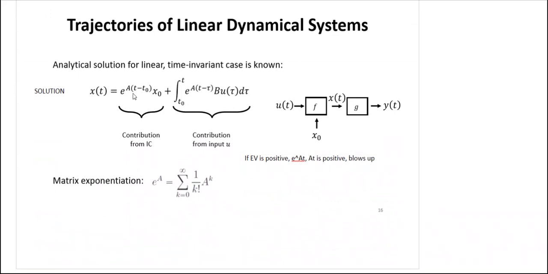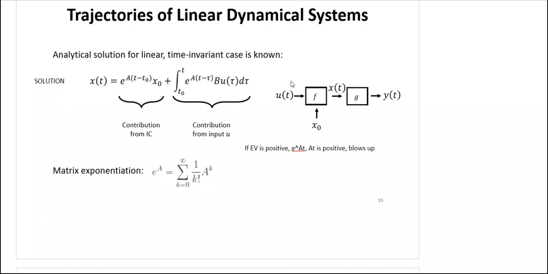And this is important because of e to the power of At. Let's say t0 is 0, and if this is positive, it's increasing exponentially, right? And so things blow up and it's super unstable. So I think that's the eigenvalue, and that's why we want the eigenvalue to be negative, so it degrades into some stable points.